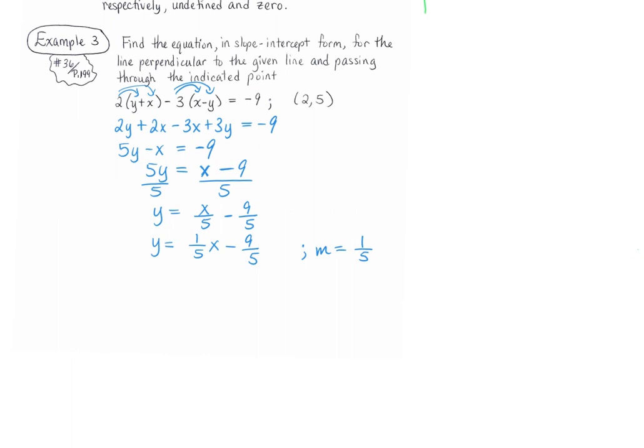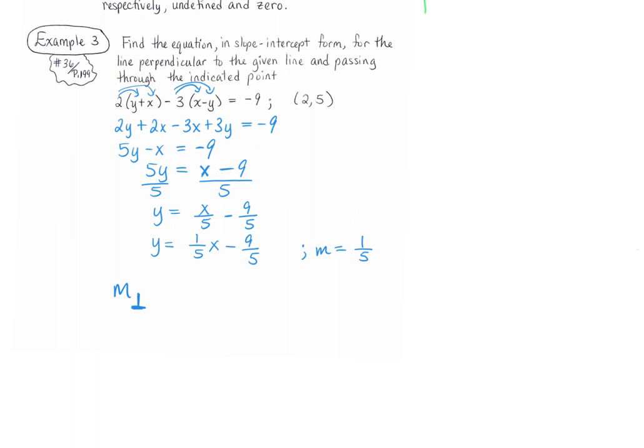Okay, so we did our first part of our approach that we discussed. We found our slope, so we can identify which slope is perpendicular to it. I'm going to use this symbol for perpendicular slope.